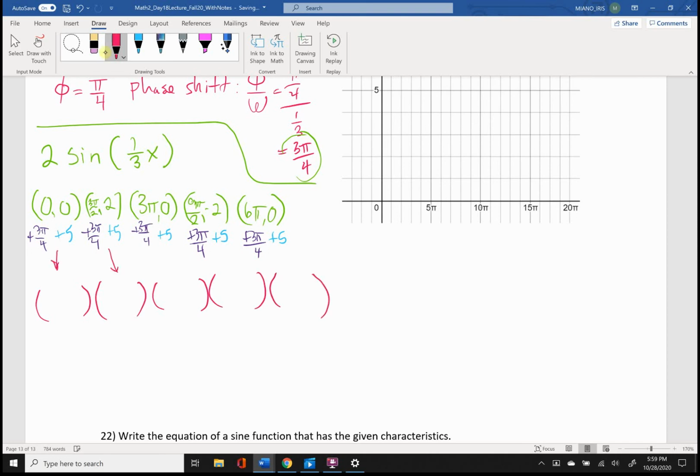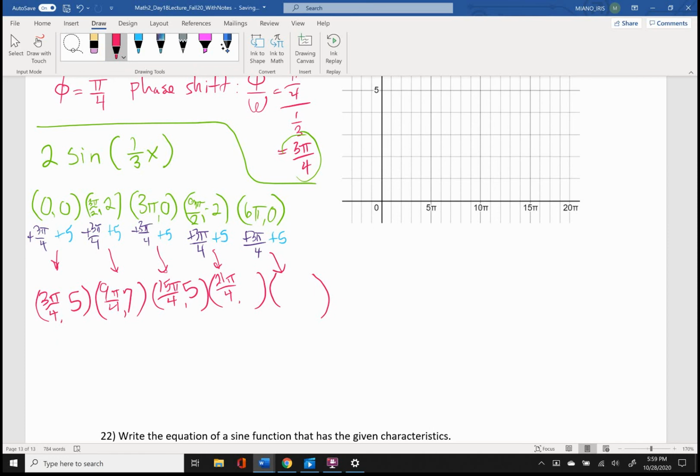So we'll just put little arrows. This will be 3 pi over 4, 5. This will be 9 pi over 4, 7. 15 pi over 4, I know, that's getting crazy, with a 5. 21 pi over 4, with a, what was that?